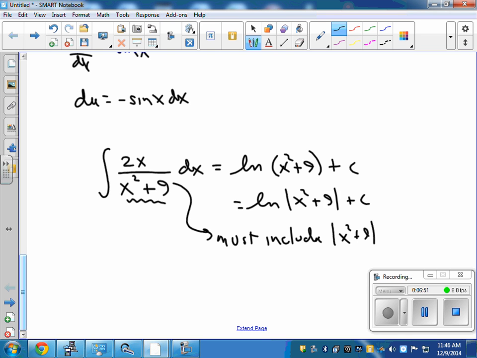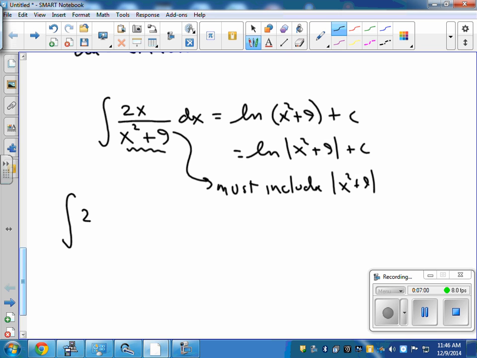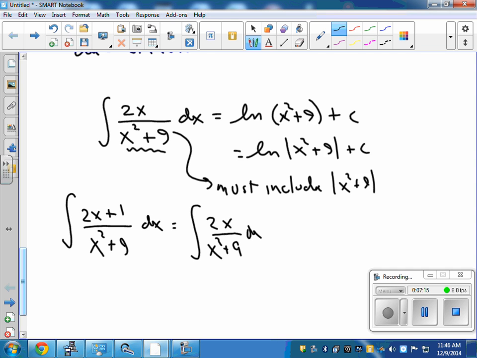Now, let me tweak this problem one more time so that we have the antiderivative of 2x plus 1 over x squared plus 9. This is one that we saw on a quiz the other day. So we separate this into two different integrals, 2x over x squared plus 9 dx, which we already know, and the second one would be 1 over x squared plus 9 dx, and you should know that as well.